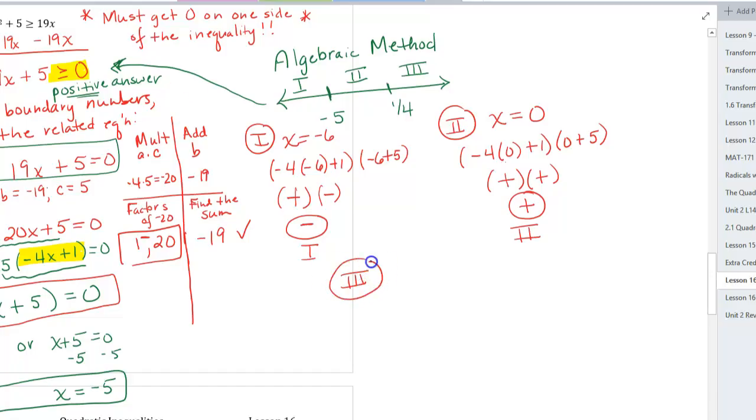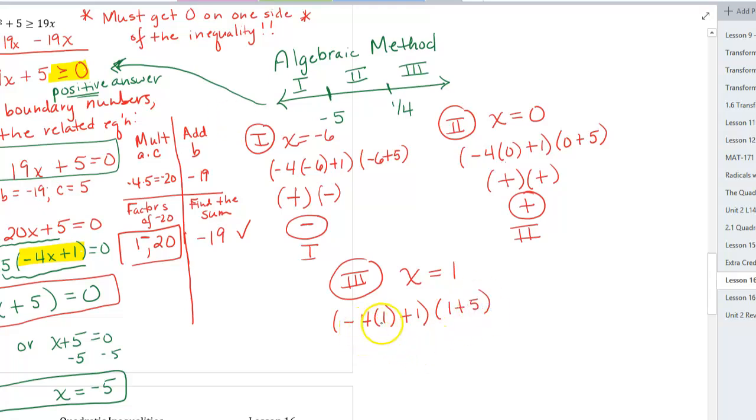Finally, if I look at interval 3, that's this interval over here, and a value that's greater than 1/4, well, let's use 1. You don't have to use a fraction just because your boundary number is a fraction. So that gives me negative 4 times 1 plus 1 times 1 plus 5.